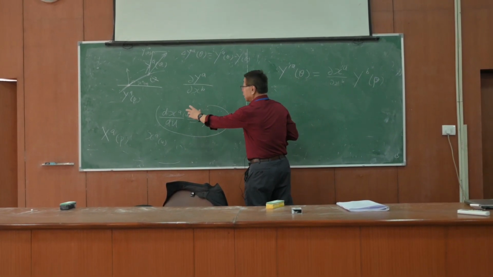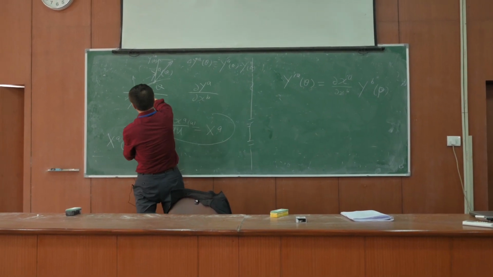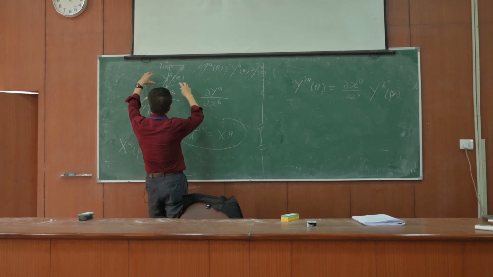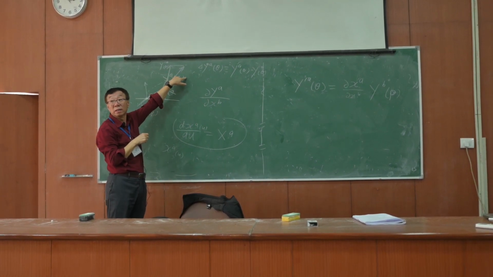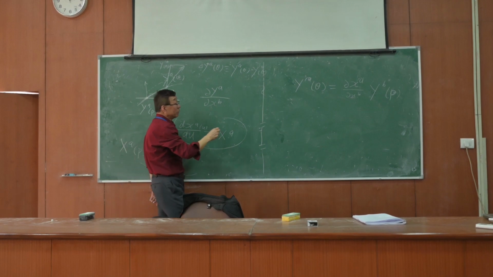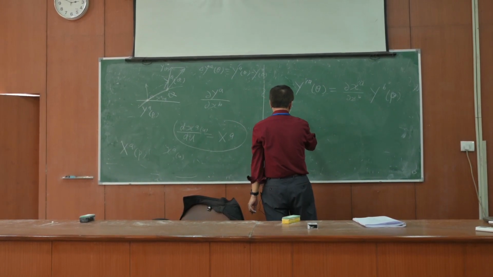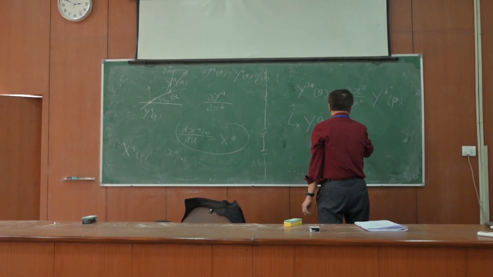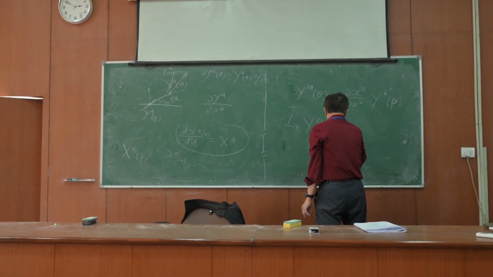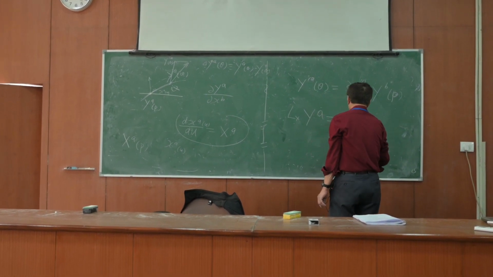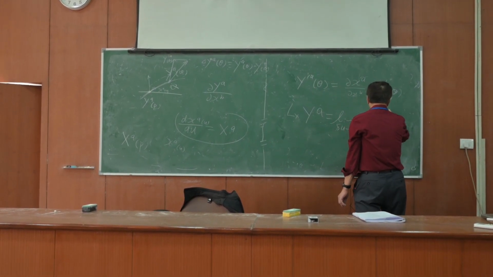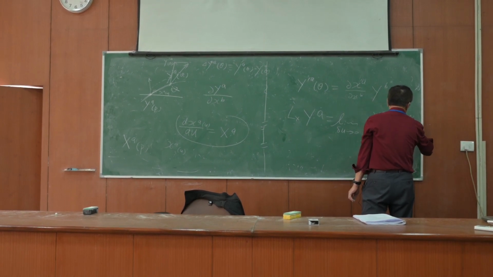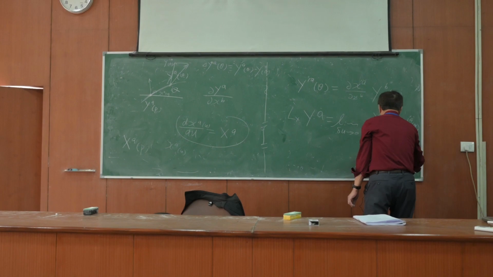After that, you drag this from here to here, then you can consider the difference between these two points. After that, you define the Lie derivative L of x, y, a equal to the limit as delta u goes to 0 of y, a, q minus y, a prime q over delta u.